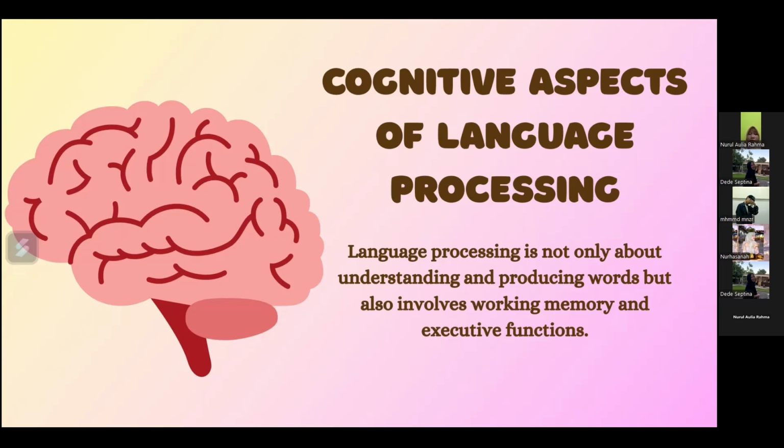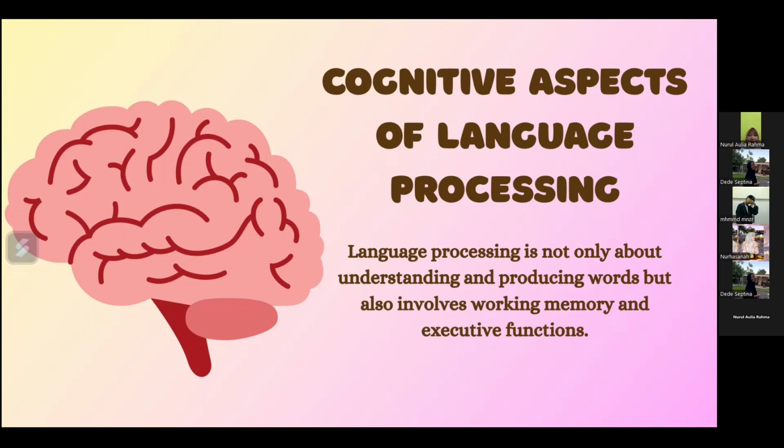Another crucial cognitive function in language is executive control, which involves attention management, task switching, and inhibitory control. This is especially important in bilingual speakers, as they constantly manage two language systems, preventing interference from one language while speaking in the other.